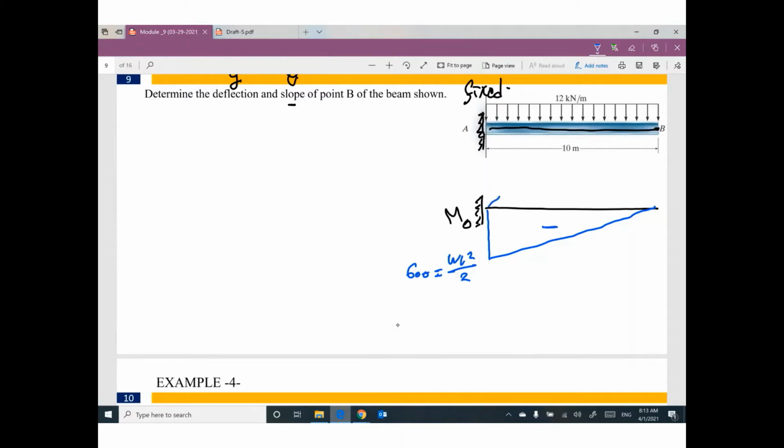And we will have a parabola. The value of moment here equals WL squared divided by 8. The value of W is 12, L squared, 10 squared, divided by 8. The value will be 150. This is the first step, the bending moment diagram, piece of cake.